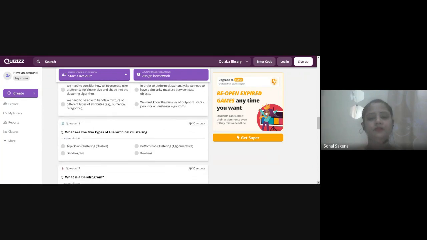Let us see, this is very easy. What are the two types of hierarchical clustering? Bottom up, top down, dendrogram.